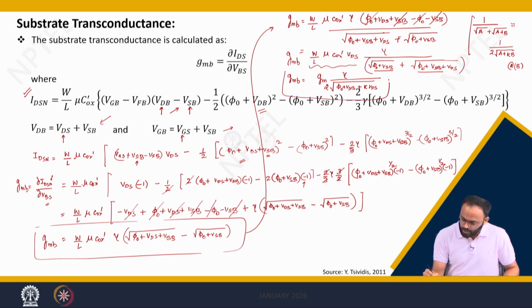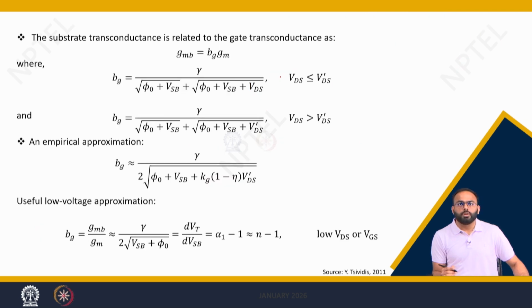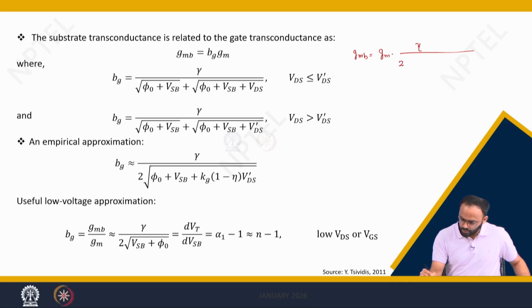So, this is an overall expression which is GMB is equal to, so I can show it here, GMB is equal to GM times gamma divided by 2 into square root of phi naught plus VSB plus some K into VDS, right.